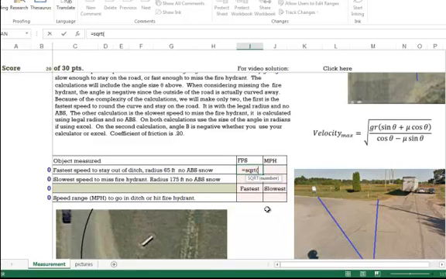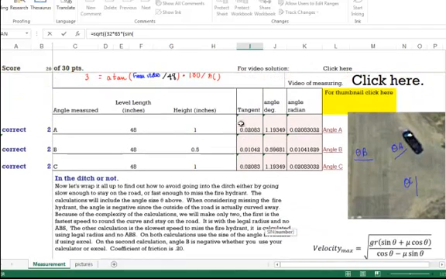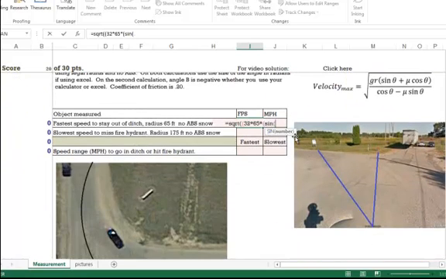So the first thing we're going to do is to put in the square root, but now we're going to deal with the denominator, so we need to open another set of parentheses. 32 is gravity times the radius, which is 65 feet, times, now we've got a sum that we need to put in, sine of our angle, and our angle is angle A, so it's 0.0208 plus our coefficient of friction on snow with no ABS is 0.2 times the cosine of our angle, 0.0208.